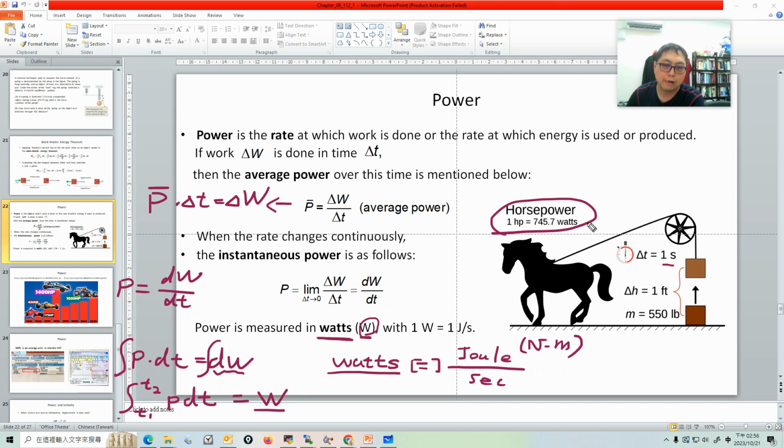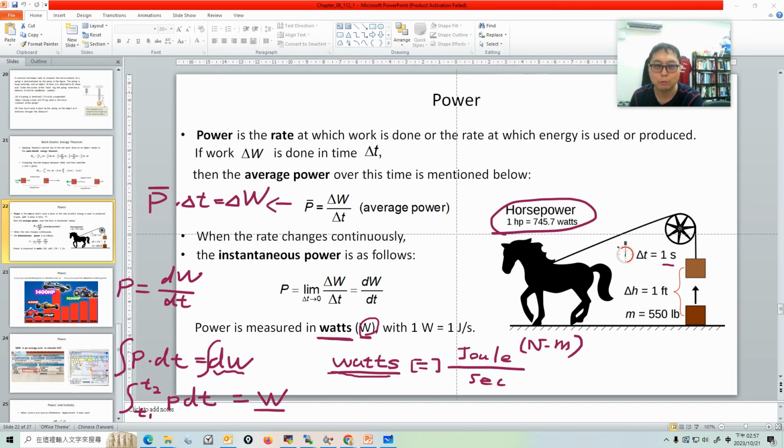But in this class we won't use this unit, because it sometimes generates lots of confusion. So let's keep using watts. But in the car business, like I said, I rarely hear people use watts to describe the power of a car. They always use horsepower.